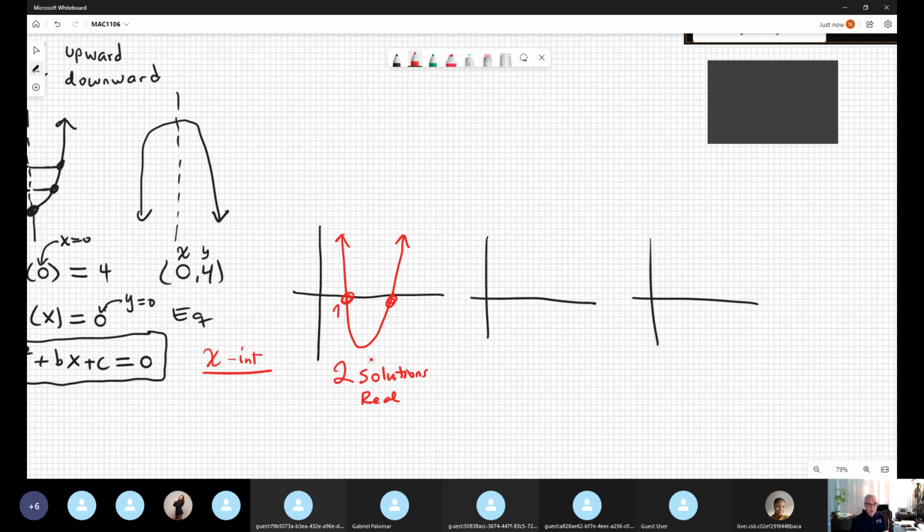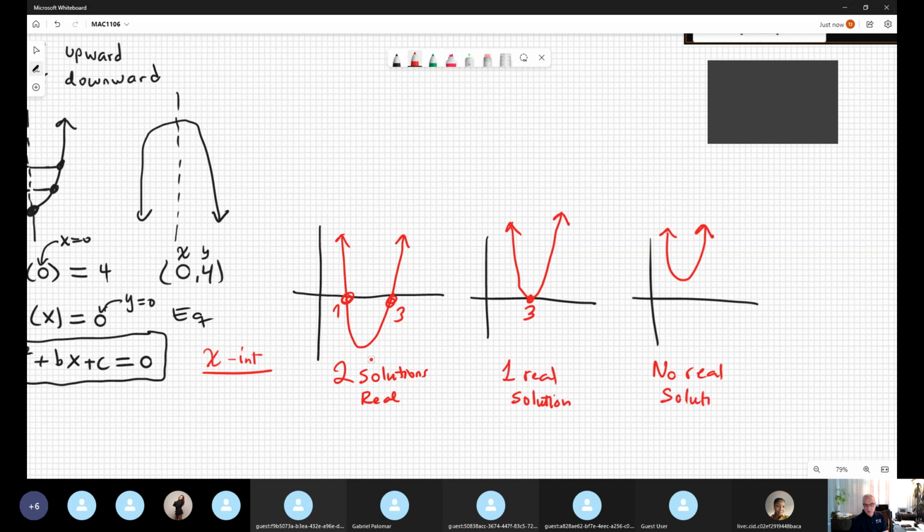Suppose, I don't know, 1 and 3. We have another, not as popular, but it's possible. We have only one. Suppose 2. It's one real solution. And suppose the last scenario is that we have no real solution.